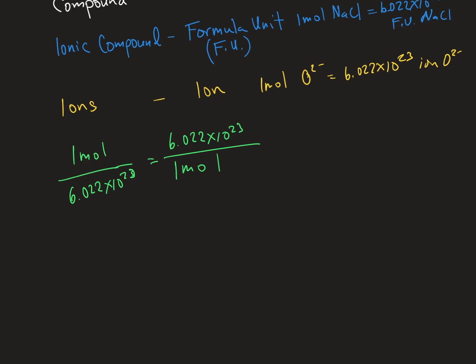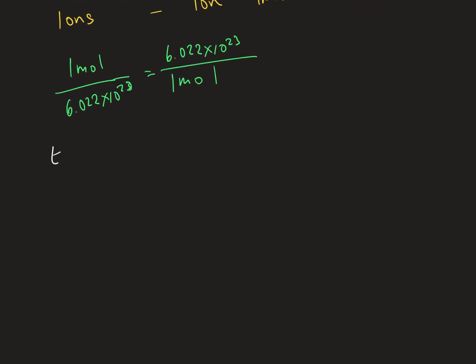So let's do some examples. If we have 7.303 times 10 to the 24 atoms of gold, I want to know how many moles of gold.